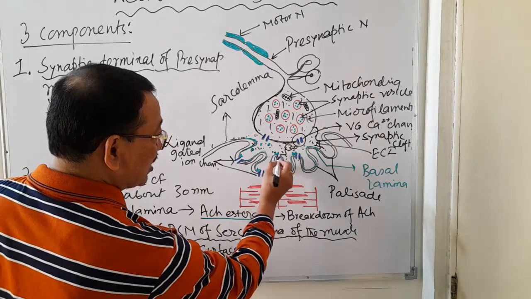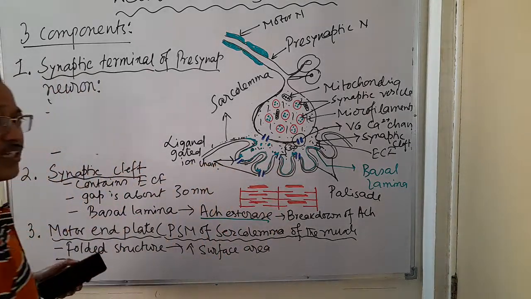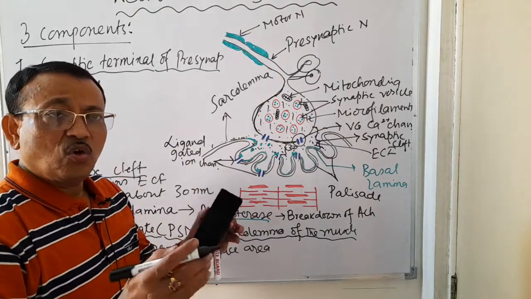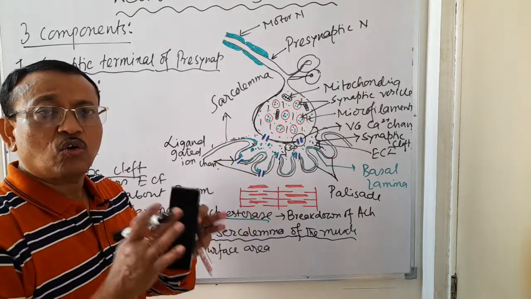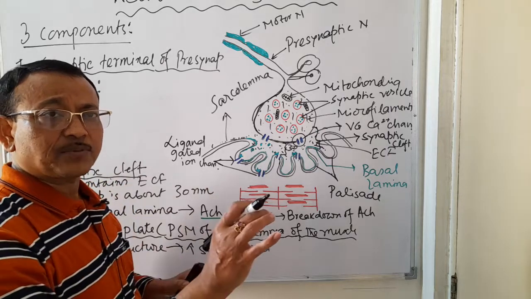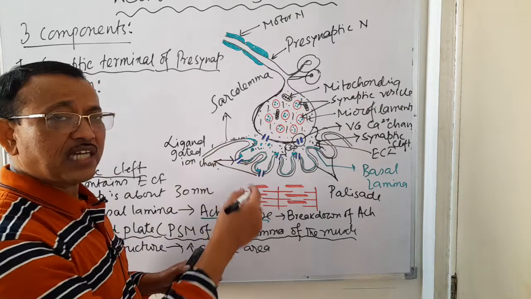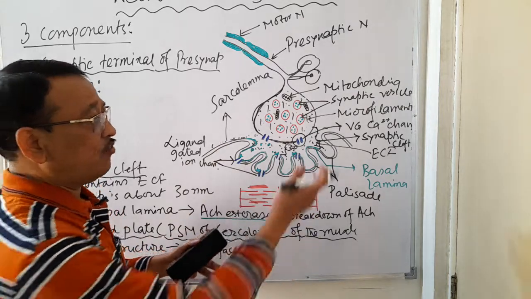Ligand gated ion channel means these are the channels which open or close once a chemical substance binds on them. So this is why it is known as ligand gated, just like voltage gated.